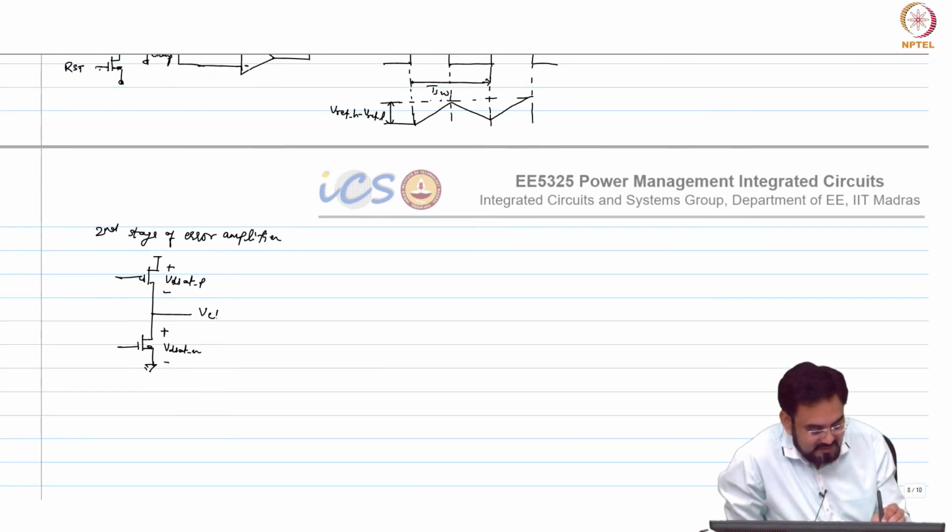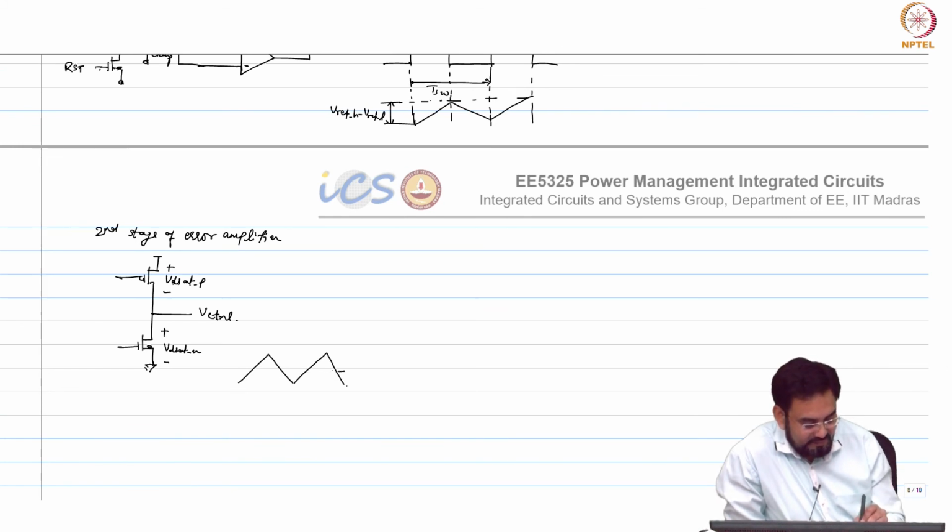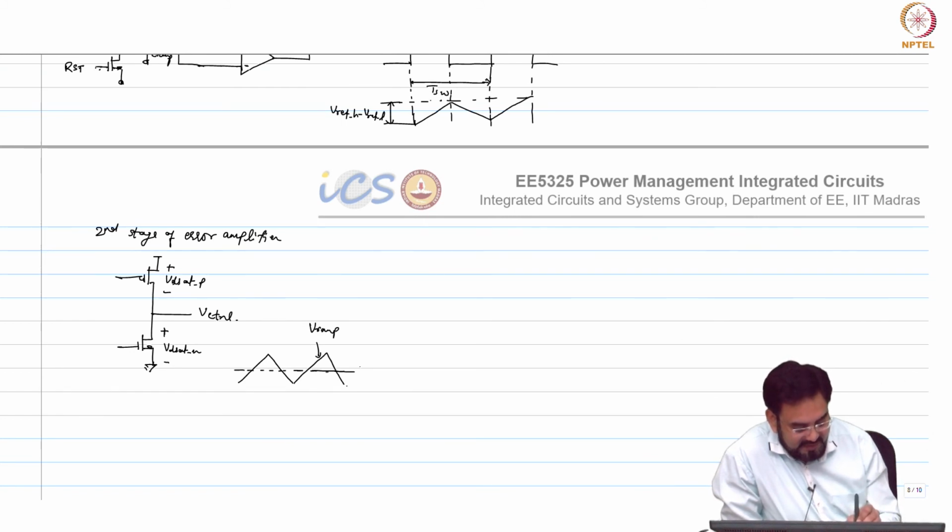So this is your VCTRL, and if this is my VRAM, then we try to keep it at VDD by 2. So if I want VM equal to 1 volt, then I will keep Vref L equal to how much?